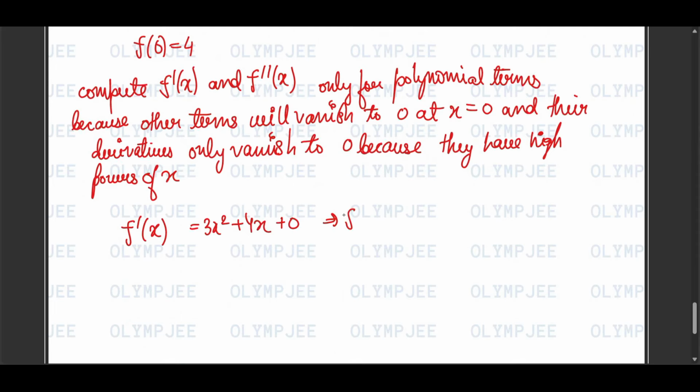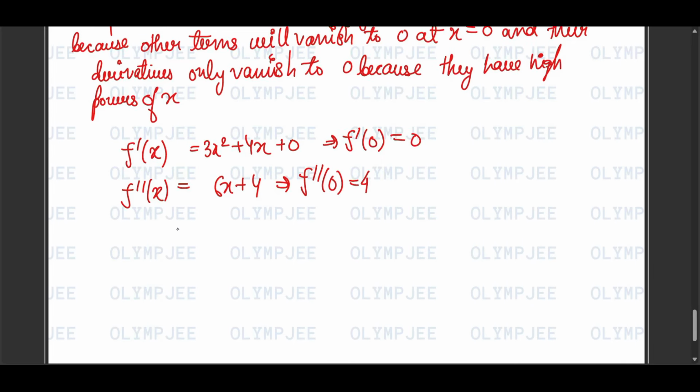So f dash of x at 0 is equal to 0, and f double dash of x is equal to 6x plus 4. So f double dash of x at x equal to 0 is 4. So y double dash 0 is equal to 4 minus 0 plus 4, which is equal to 8.